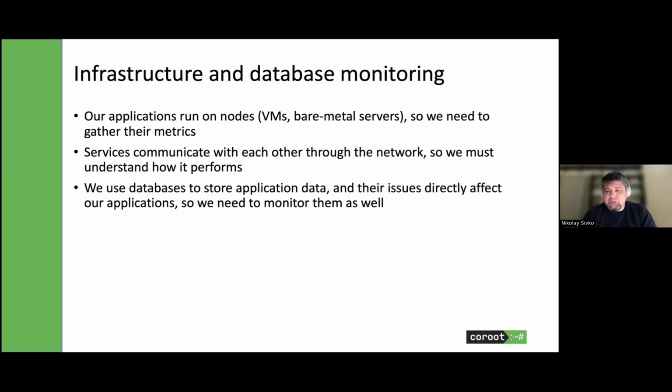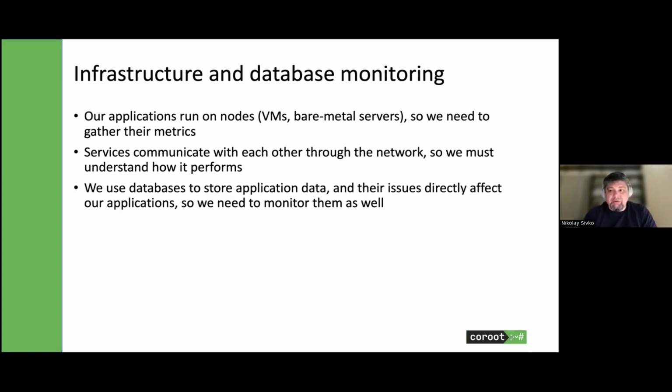It can be managed databases, it can be our self-hosted databases, and we should understand why these databases perform slower than before, or why they fail to execute our requests, queries from our application.